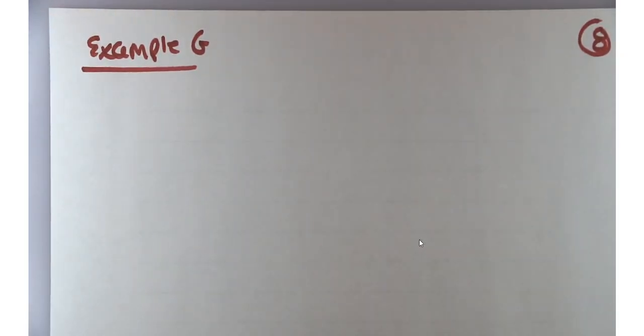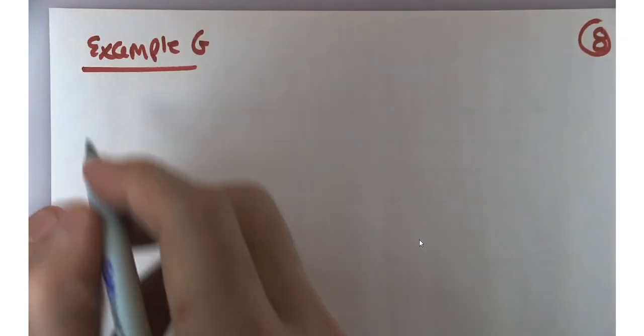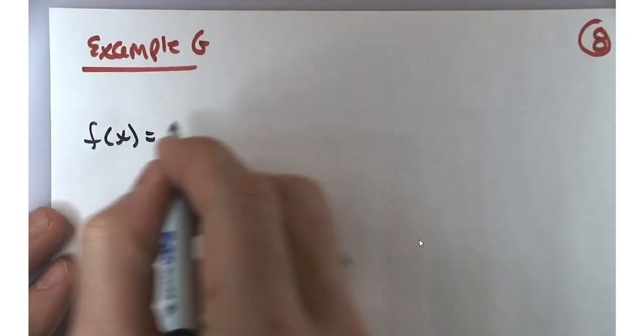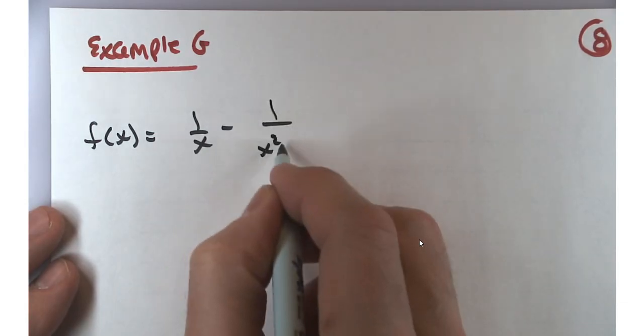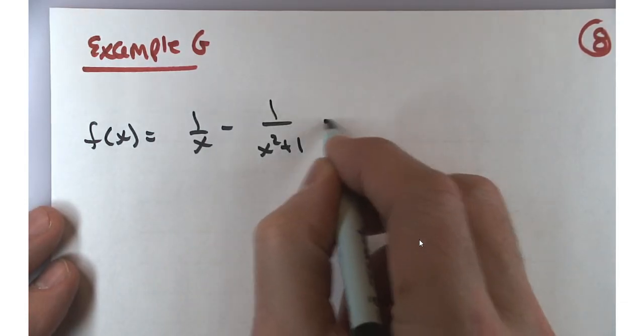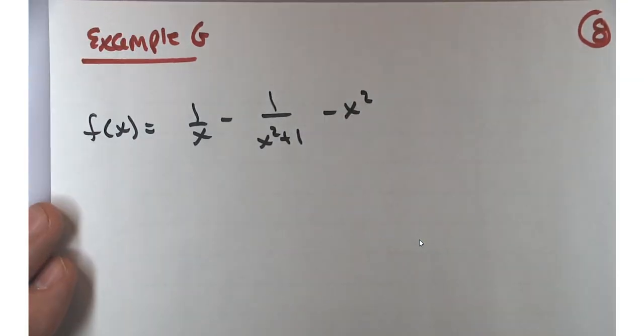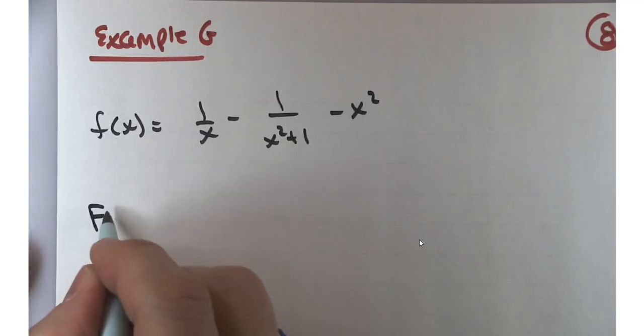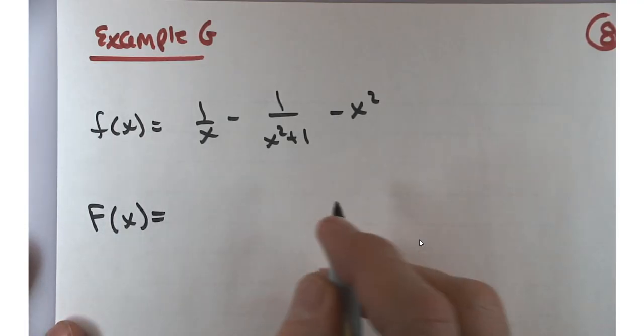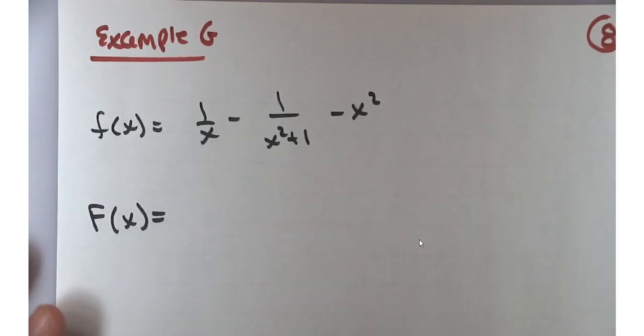So let's see, we've got f of x is 1 over x minus 1 over x squared plus 1 minus x squared. So in terms of the antiderivative, was it x to the 4th? My bad, thank you. X to the 4th.